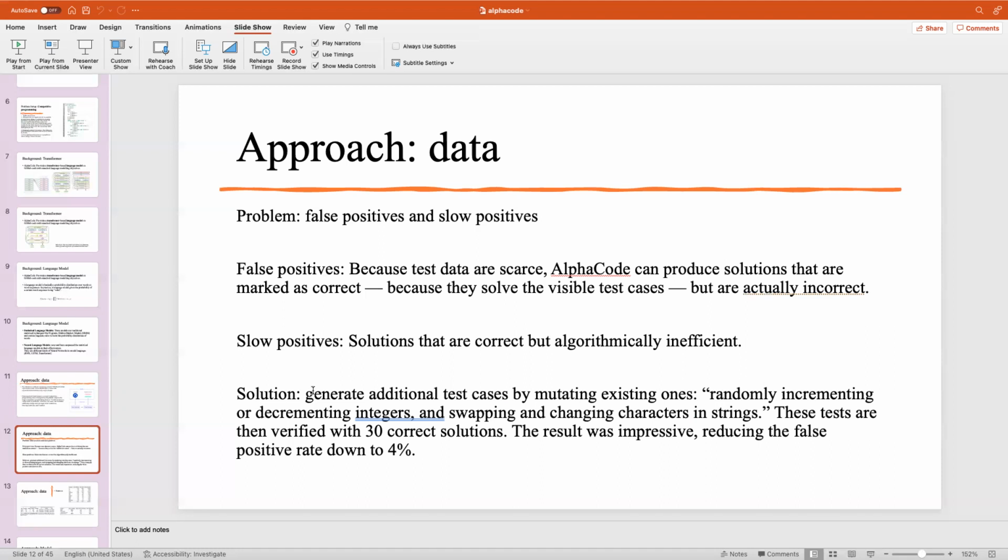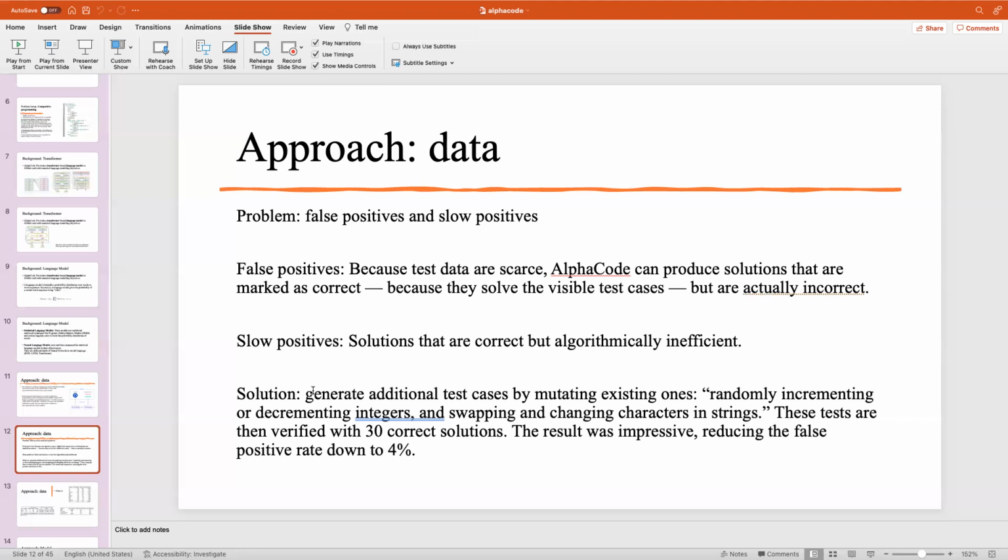The mutating includes randomly incrementing or decrementing integers, swapping or changing characters in strings. By these ways, they could generate more additional test cases, and they first verify these test cases by some correct solutions, and then can use these test cases to verify if the training data is correct, if it includes false positives or slow positives.